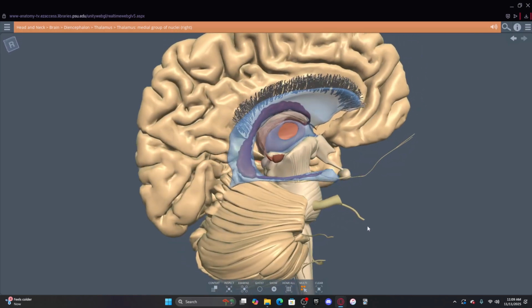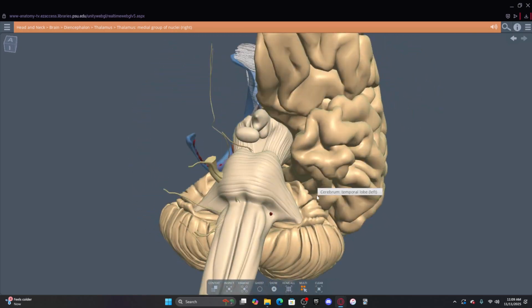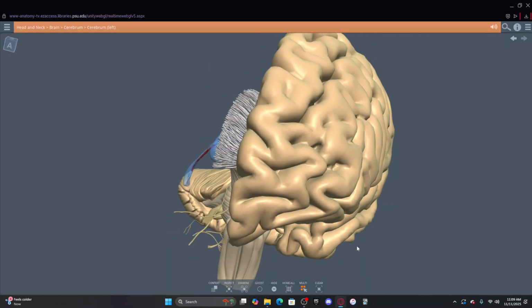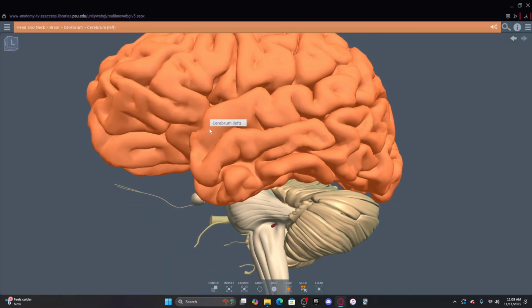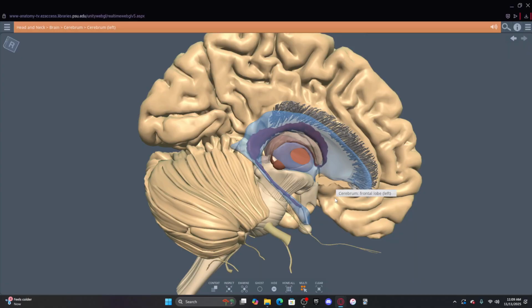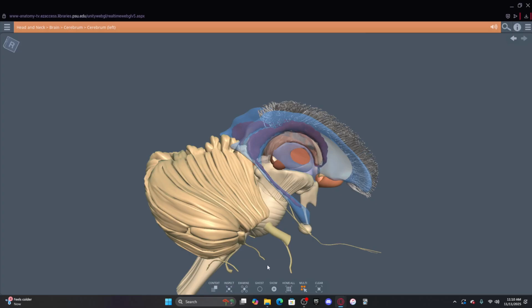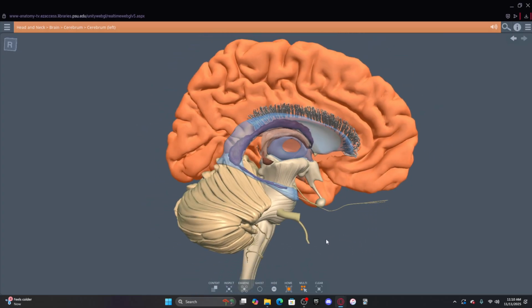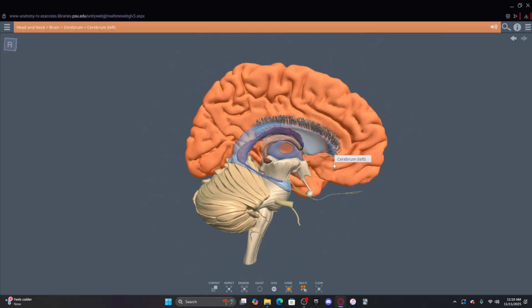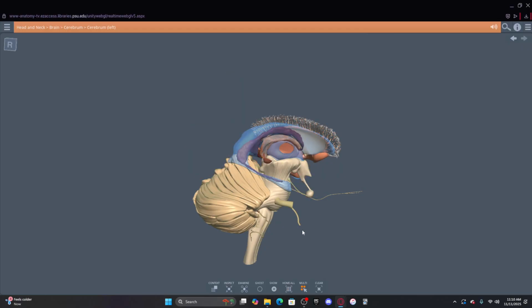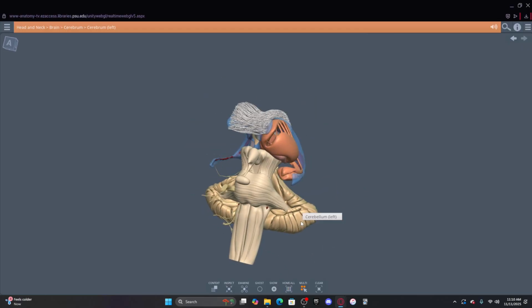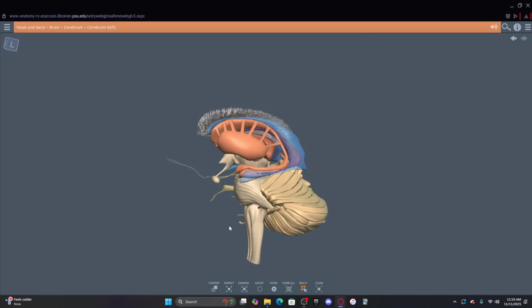Let me just remove the temporal lobe. All I'm doing is removing the cerebrum, the left cerebral hemisphere. And then on that side, we have the other associated structures.